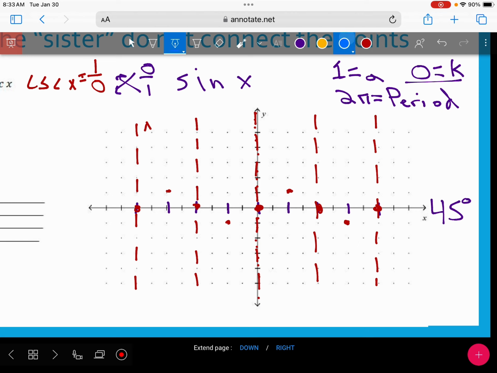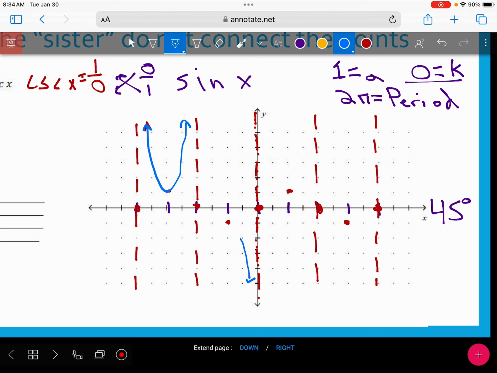Oh, I thought I was in blue. At the points that sine of x is going to be at the top of its graph, well, cosecant of x is going to be at the bottom of an upwards opening U shape.